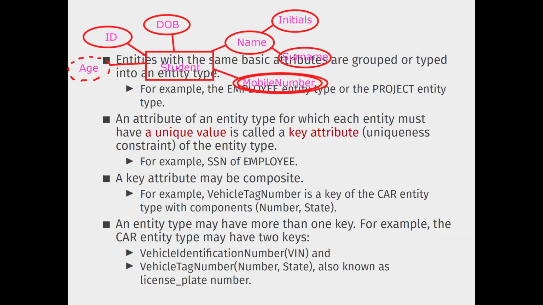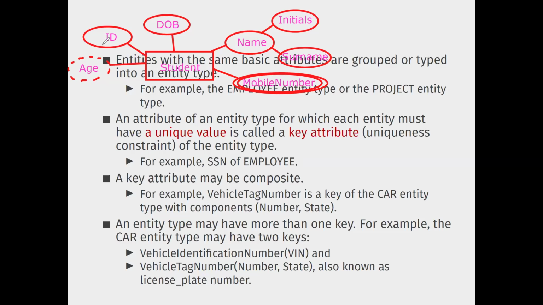Right. Now, when you take an entity, you have to have a unique value. So if a particular entity has a unique value, we call it a key attribute. In our case, we have a student, and student ID is unique. Therefore, we can name it as a key attribute.